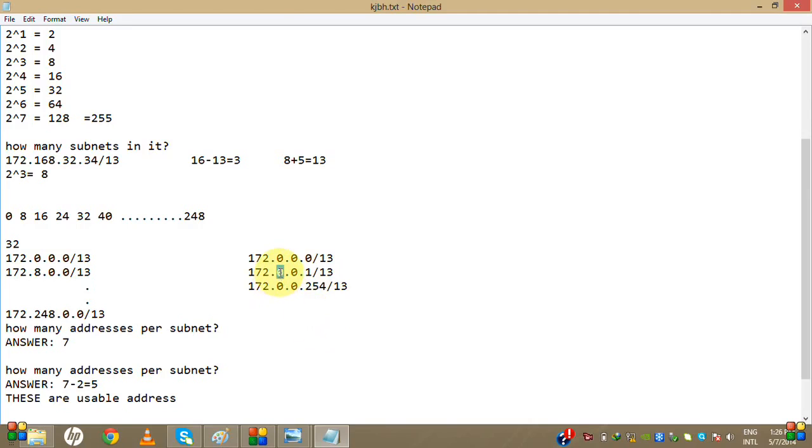Next, when I complete 256, 255 there and 255 there and 254 there, then I will complete all of the IP addresses in it. And there are many addresses in this subnetwork ID.